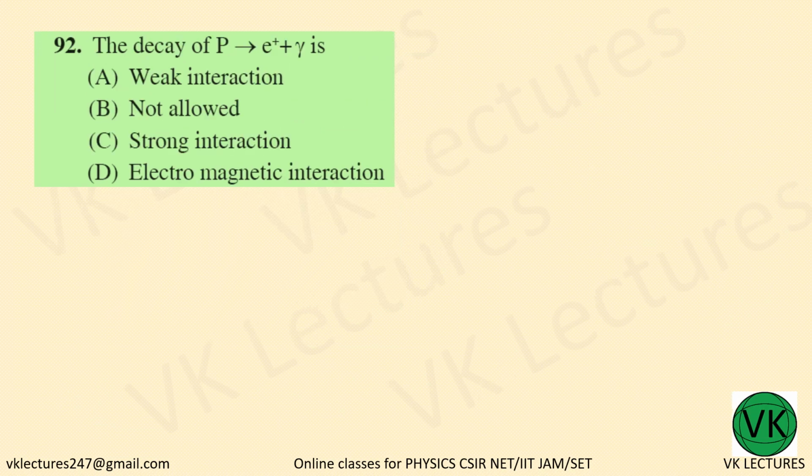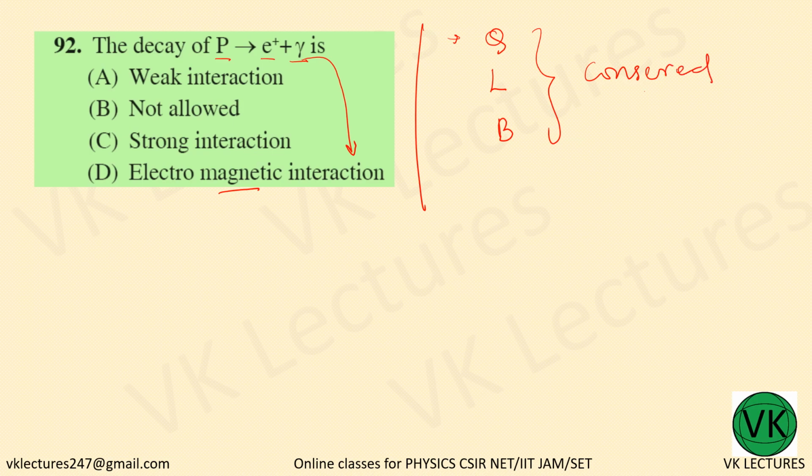The decay of proton to positron and gamma. Now, since there is a presence of gamma, it can be an electromagnetic interaction. This is just our intuition. Now, let us understand. For any interaction to happen, charge, lepton number and baryon number must be conserved.